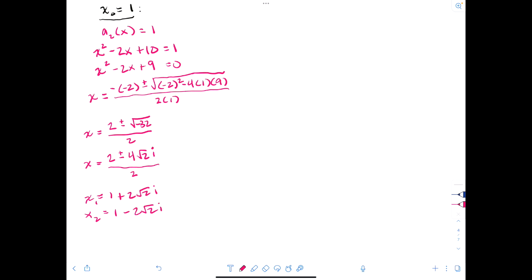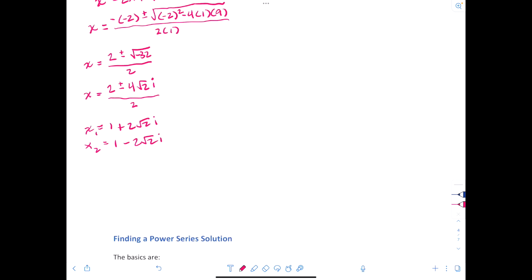And so these will be, remember they're shifted over by 1, so that means that the points 2, 2 root 2i, and 2, negative 2 root 2i are singular points.